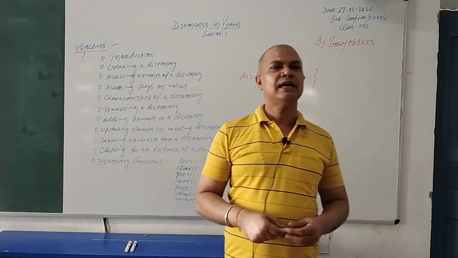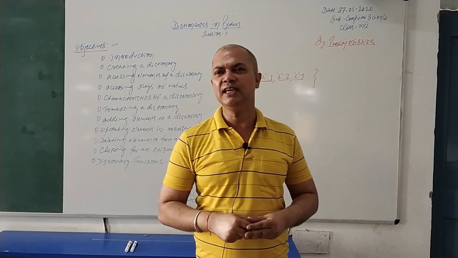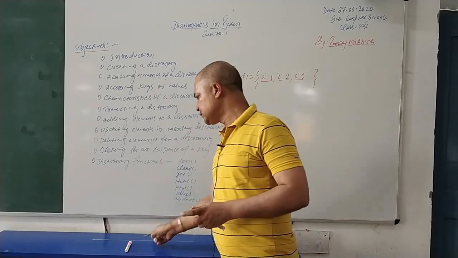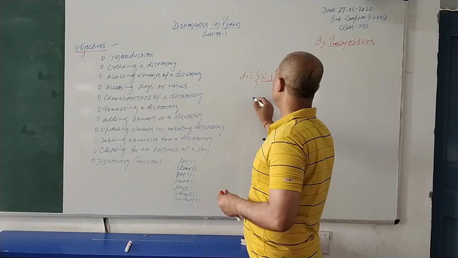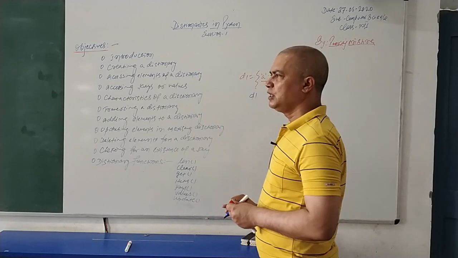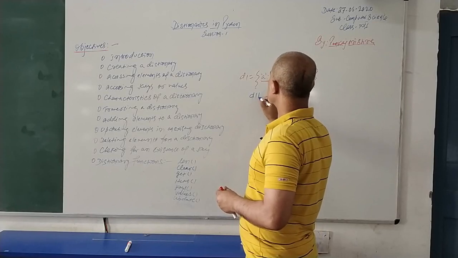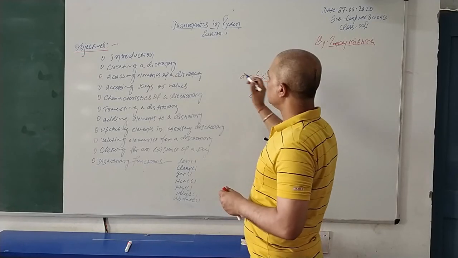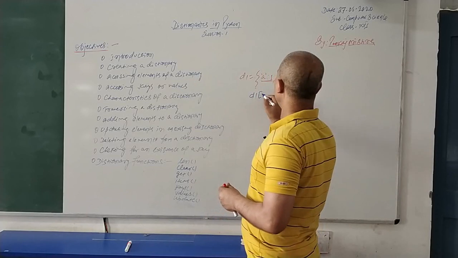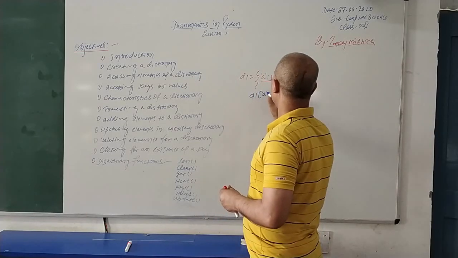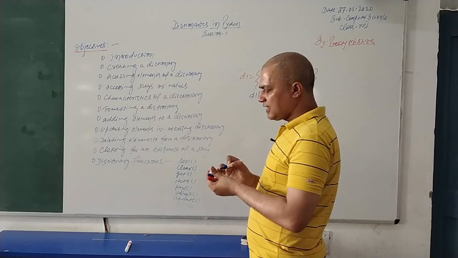To access an element of a dictionary, we simply use the dictionary name, for example D1, and then the element. You can say D1 and then, suppose A is my key, as you can see A is a key here.